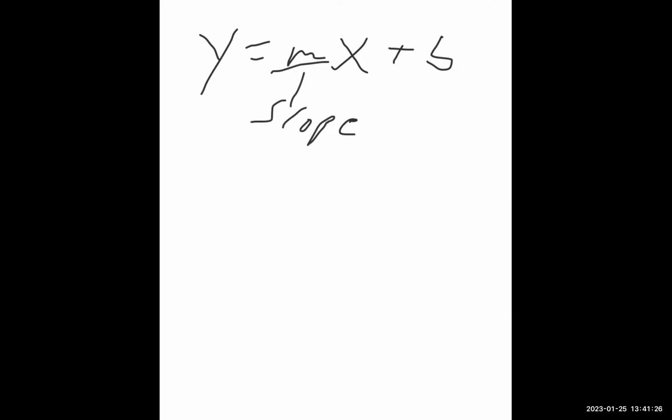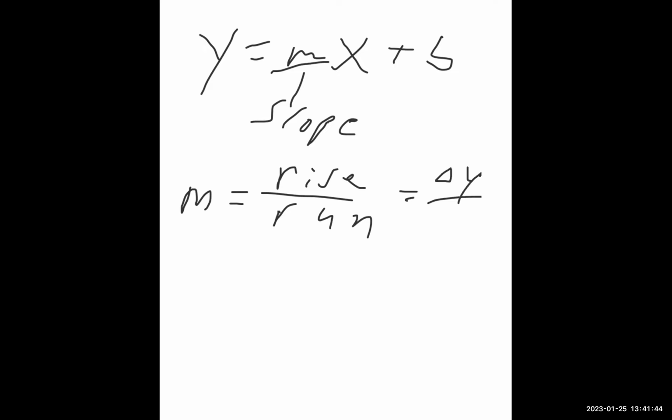And remember, there were a lot of ways you could get that. But the way that you probably learned how to do it is you said slope is rise over run, like we already talked about, right? Rise is the change in y, run is the change in x. So we got a slope. There is an easier way to do this.